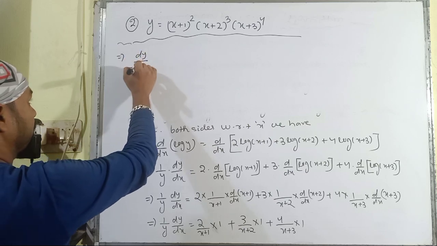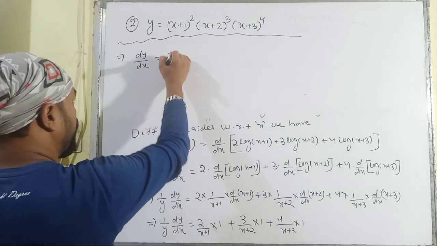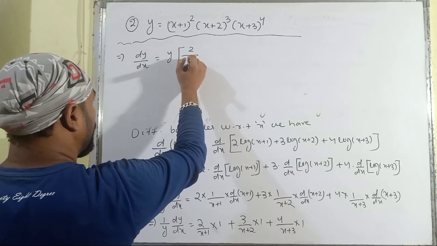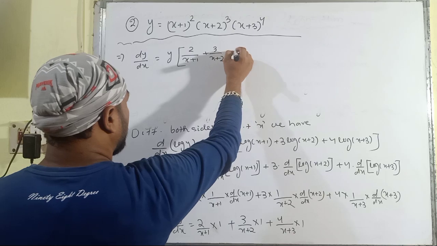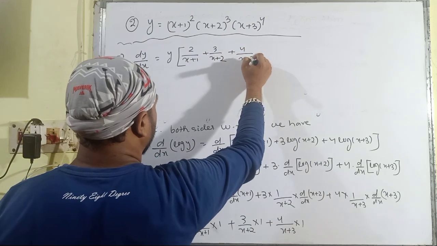dy/dx is equal to y multiplied with 2/(x+1) + 3/(x+2) + 4/(x+3).